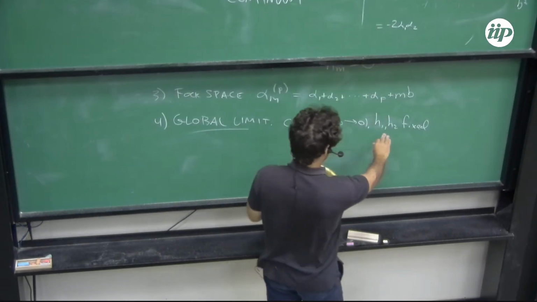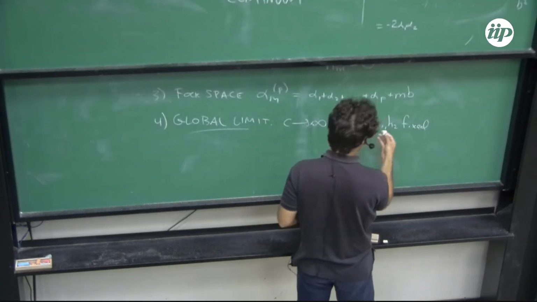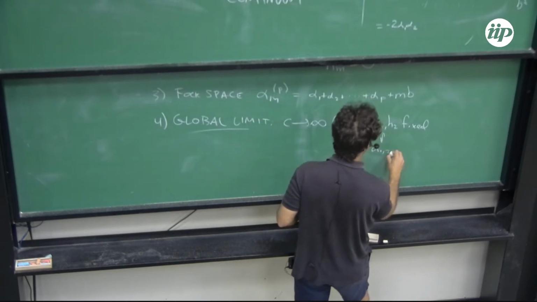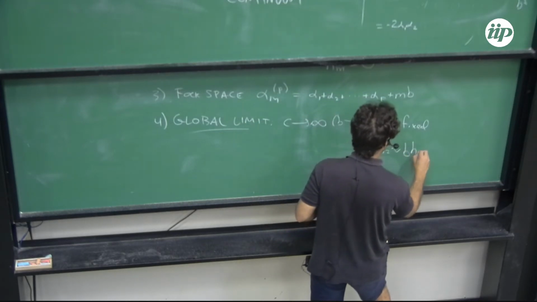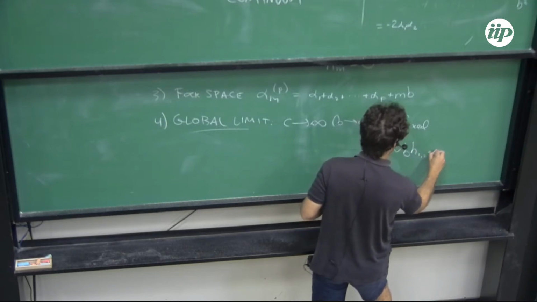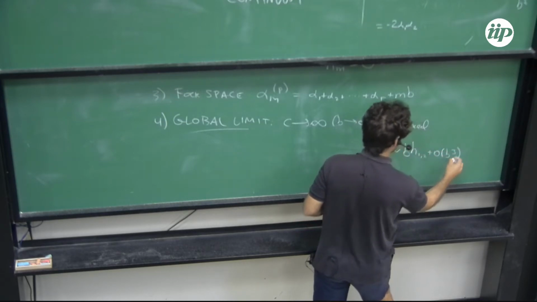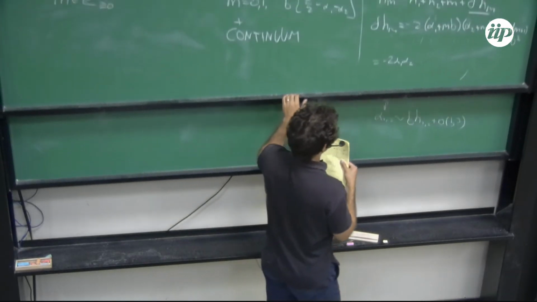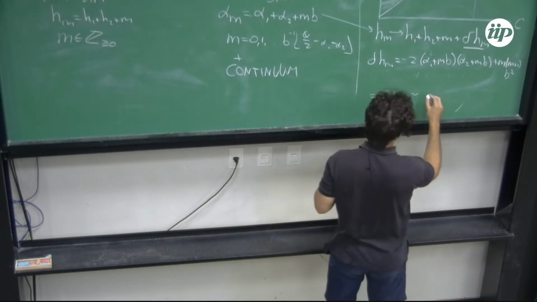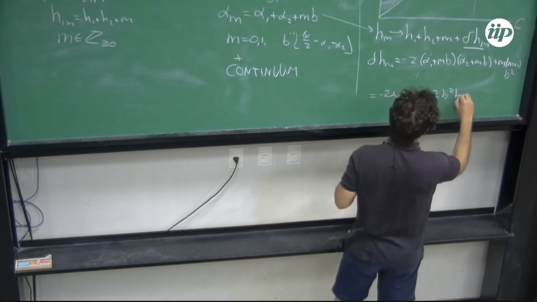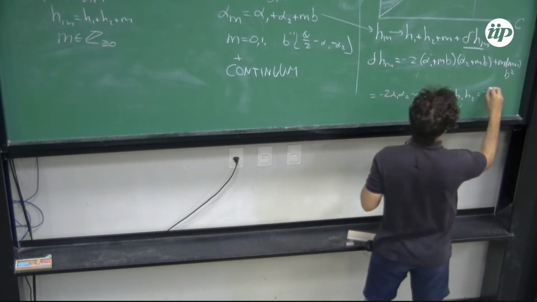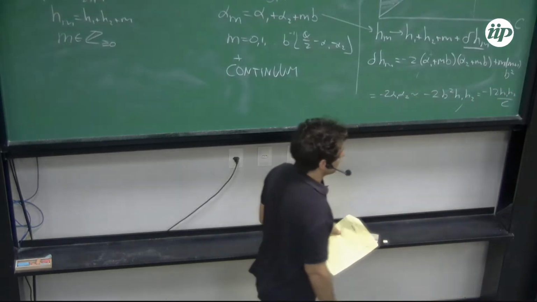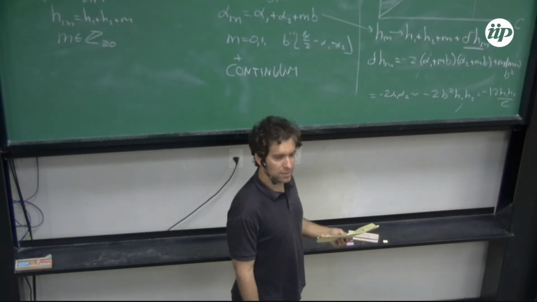Now, in this limit where you keep the external dimensions fixed, it just so happens in this parameterization that this corresponds to taking alpha 1 and 2 to be of order b times h1, plus some correction which is suppressed in small b. You plug that in here, and you see that this goes like minus 2b squared h1 h2, which is minus 12 h1 h2 over c to leading order. And that's the result from single stress tensor exchange.